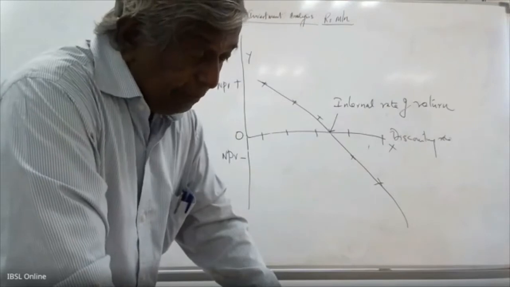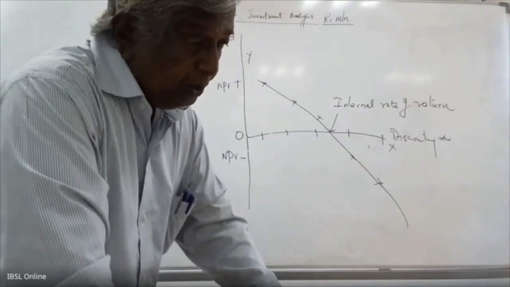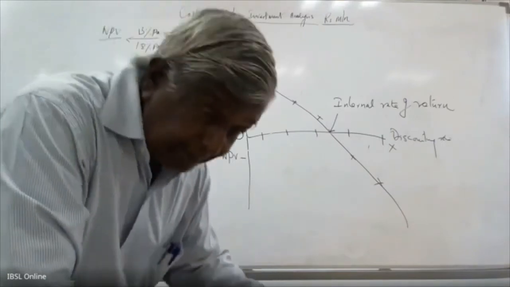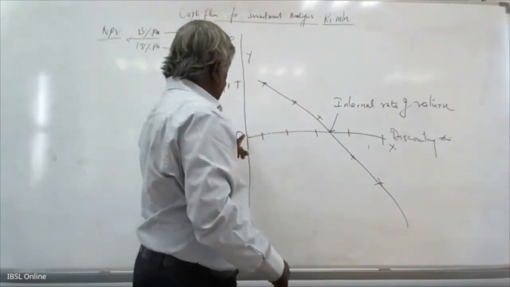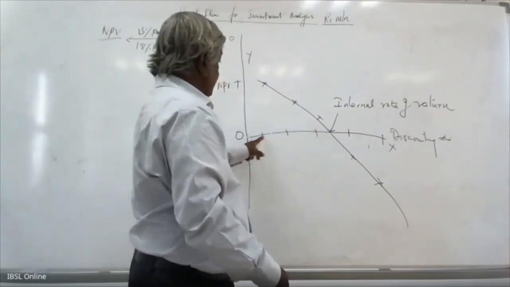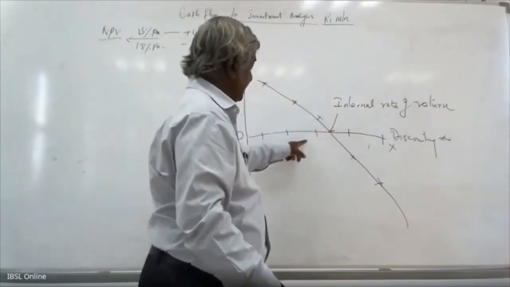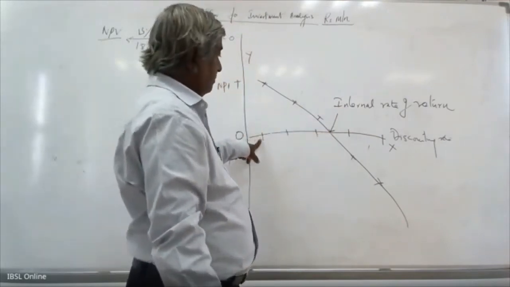If anybody is undertaking a project, if they can borrow, and the borrowing interest rate is less than the discount rate, that is, if it is less than the internal rate of return, then it is beneficial.